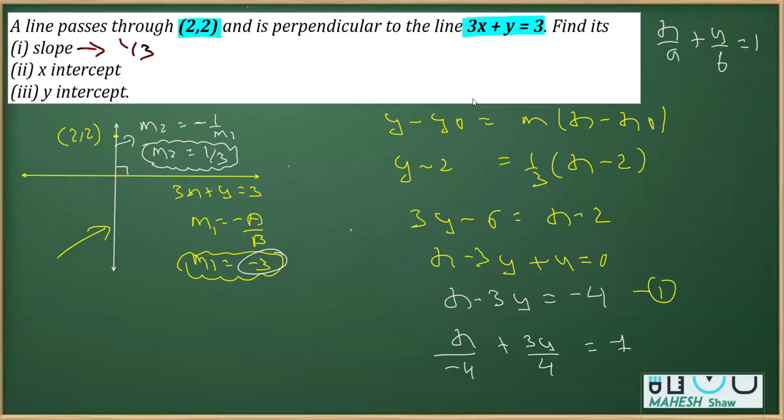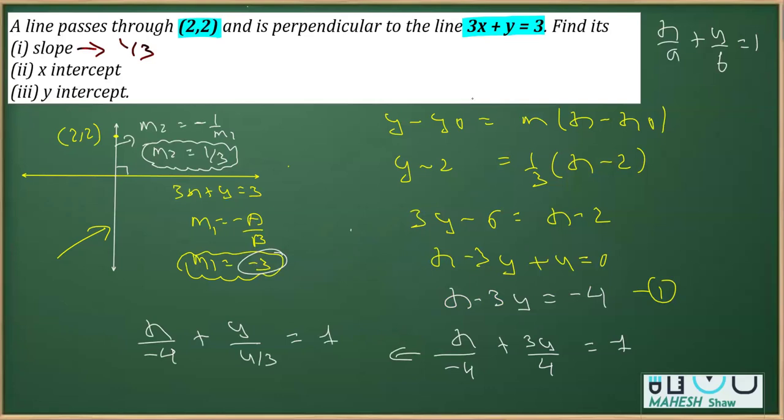Further, I'm going to write this on the other side. So this is x/(-4) + y/(4/3) = 1.